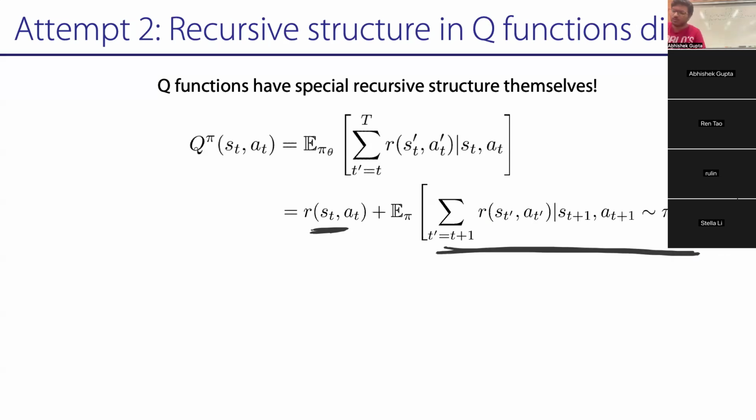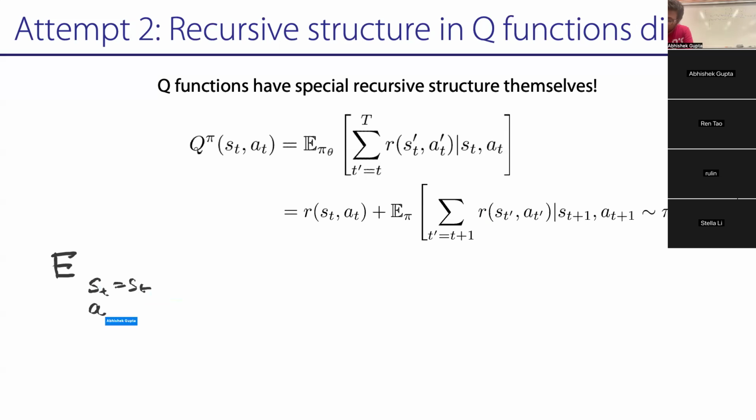And again, we want to make sure we get the details right here. So I'm going to write on the board again. Oh, actually, I have a lot of space on the slide. Okay, so we can just write on the slide. But what we're going to try and do is not shorthand the expectation, right? So we're going to say, in this expectation, your S_t is equal to s_t, your A_t is equal to a_t, your S_t+1 is going to be sampled according to your dynamics.